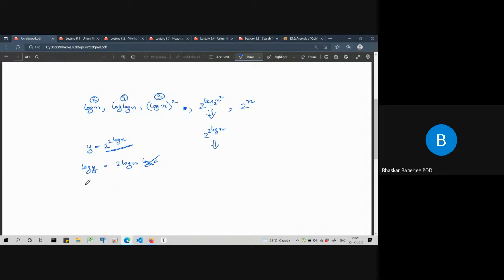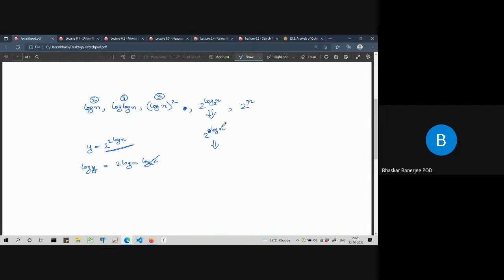So what you can do is, let's say you divide log y by 2 and then again take 2 to the power, but it doesn't matter. It would not give you anything. The only thing is, if I remove this 2, this is the term you have to consider, 2 to the power 2 log n. But if I remove this 2, then this 2 would not be there.